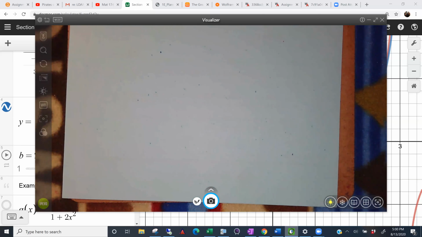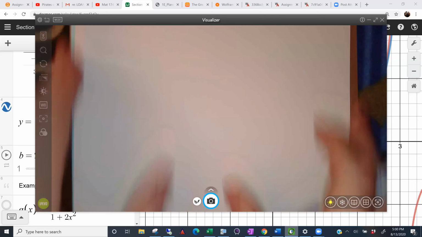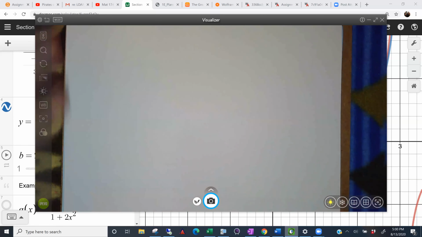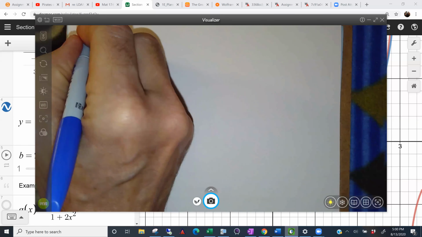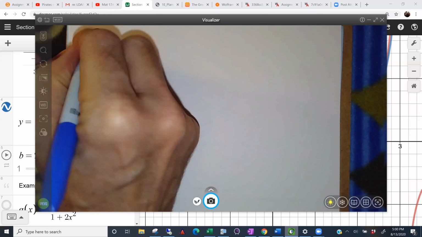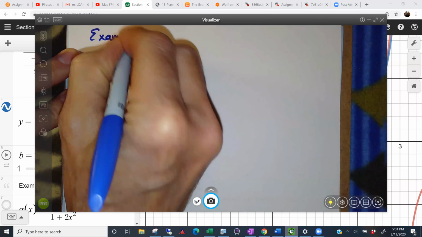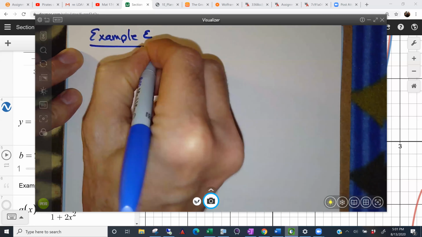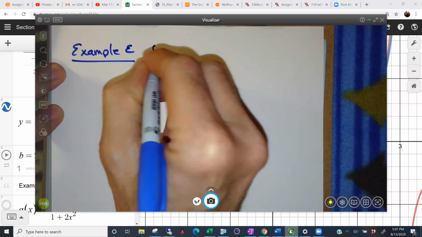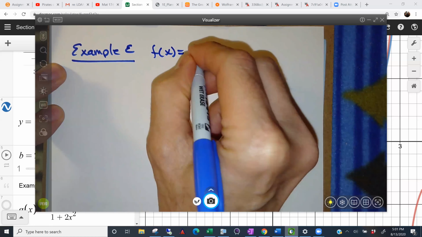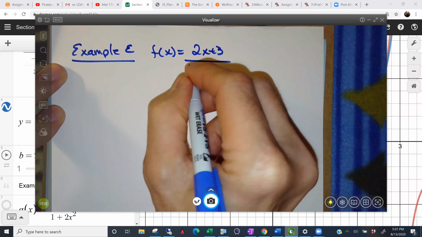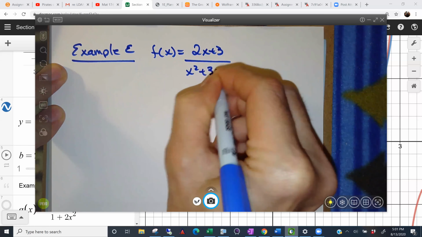Let's try example E. Then we'll do a little detour into changing the index of summation. So, example E. We want a series for f of x equals 2x plus 3 over x squared plus 3x plus 2.